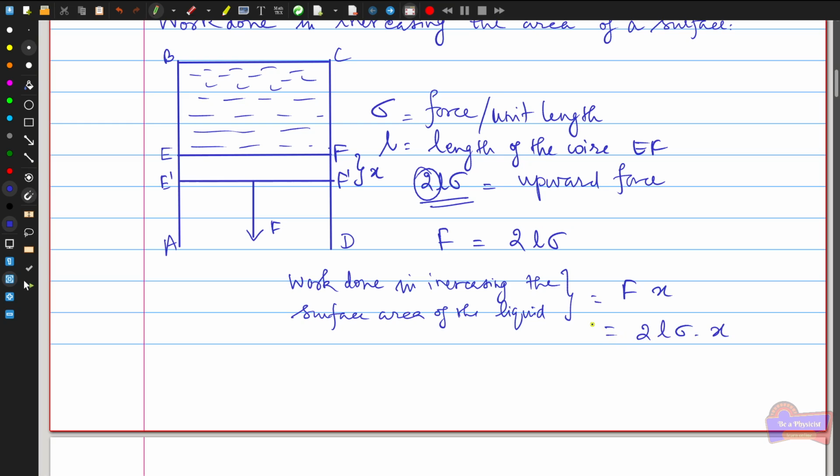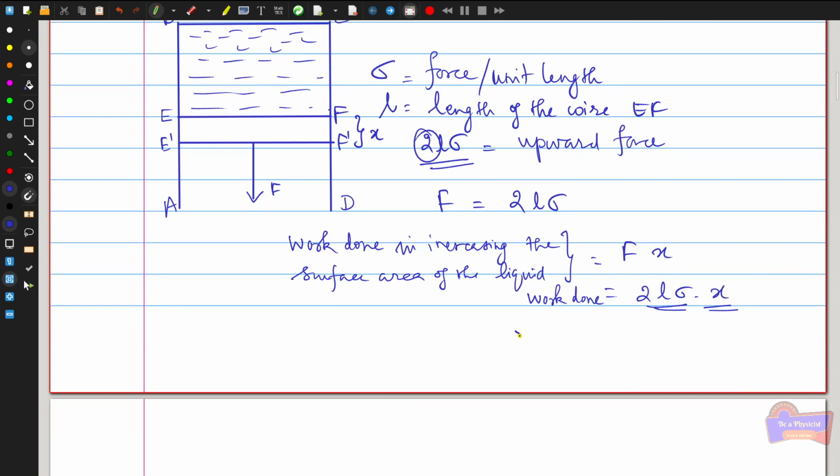So that is the work done, which is equal to the surface tension multiplied by the increase in the area of the surface. So the work done to increase the surface of the liquid by unit area is given by the ratio, 2L sigma x divided by 2 times L into x, which is equal to sigma.